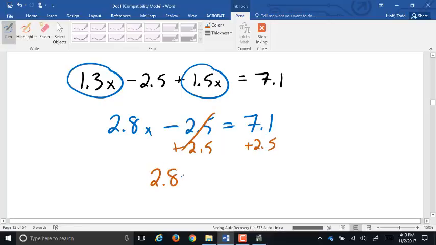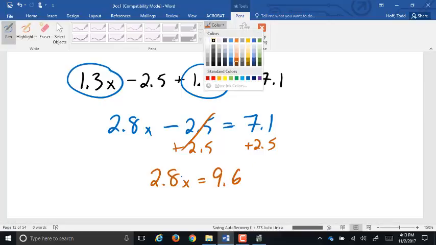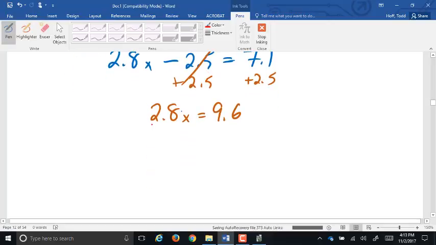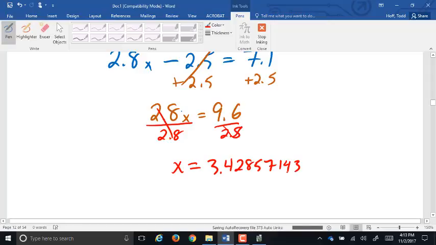So 2.8x equals 9.6. And then divide by 2.8 gives us x equals 3.428571 approximately.